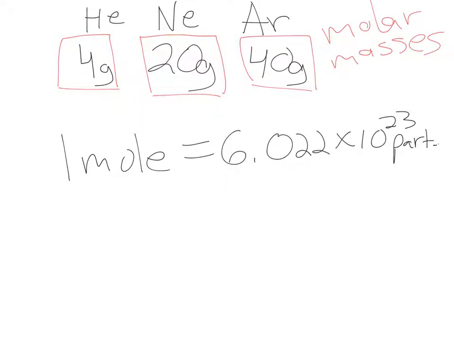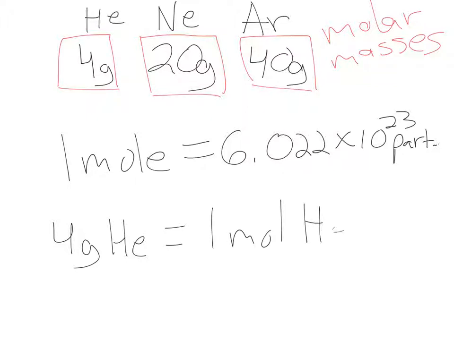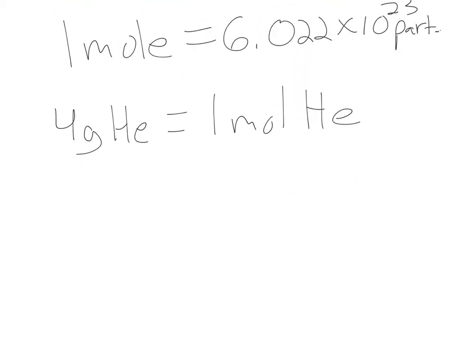So for instance, I can definitely say for helium that 4 grams of helium equals 1 mole of helium. Okay, I took the E off because we abbreviate mole when we write it down, or at least a lot of chemists do. That's our equal sign right there.